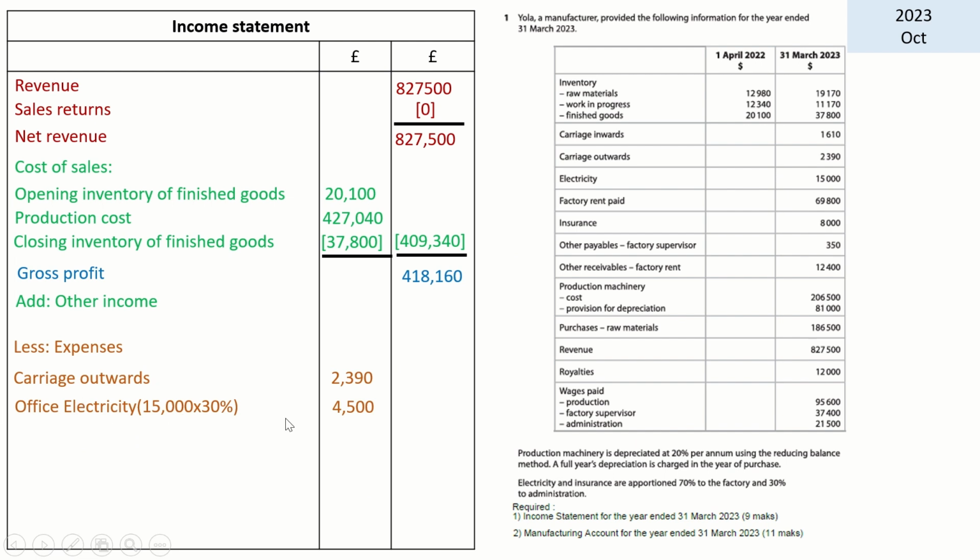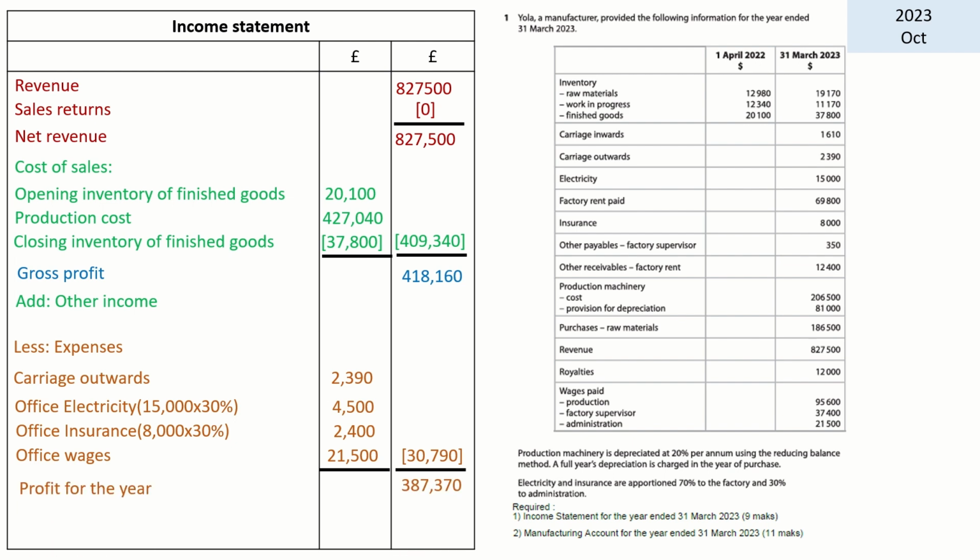Office electricity, 30% of 15,000 for admin, is 4,500, and then office insurance 8,000, and 30% of insurance should give 2,400. Office wages administrative 21,500. Add up all the expenses, 30,790, and deduct it from the gross profit. Therefore now you can find the profit for the year, which should be 387,370.